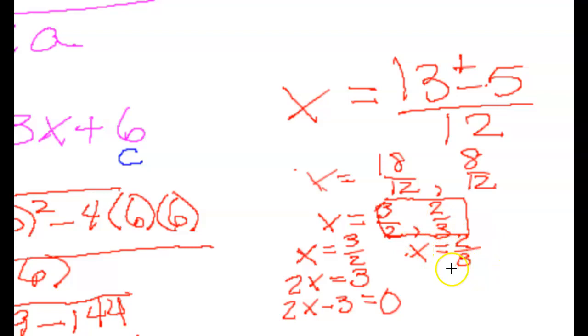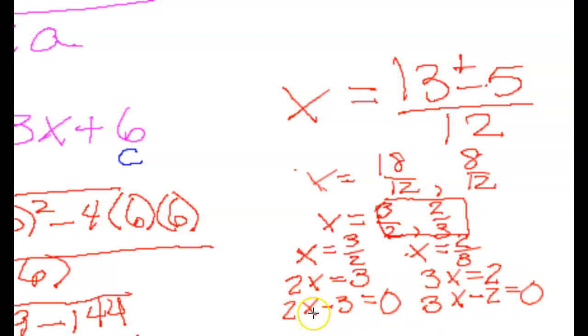When I do the 3/2 part, I'm going to do the same thing. I'm going to multiply by 3. I'm going to subtract 2. And those are my zeros. 2x minus 3 and 3x minus 2 tells me that they were equal to 0.